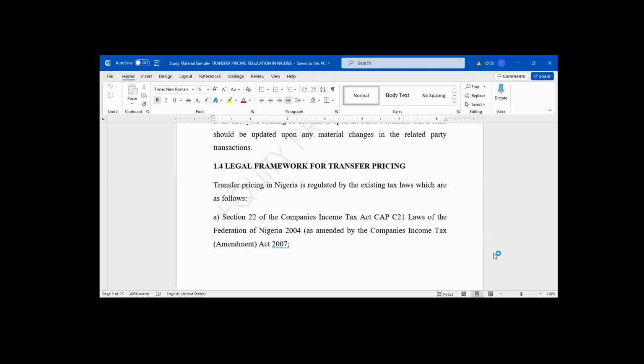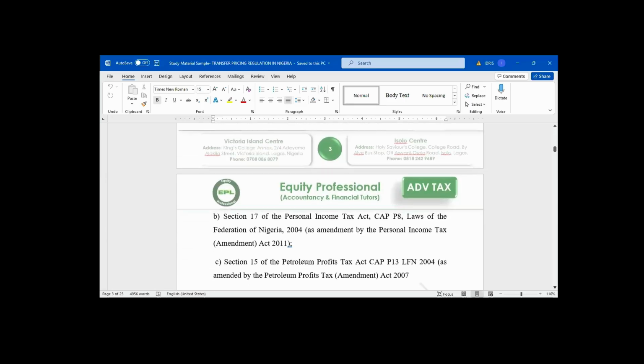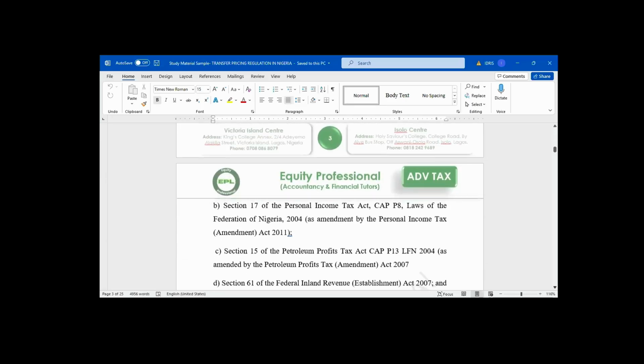When you look at Section 22, it talks about the methods of transfer pricing, the returns and documentation for transfer pricing, and transfer pricing policy. Likewise, Section 17 of the Personal Income Tax Act also discusses transfer pricing.